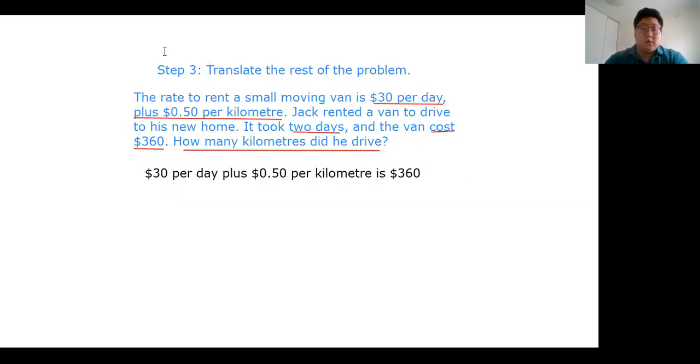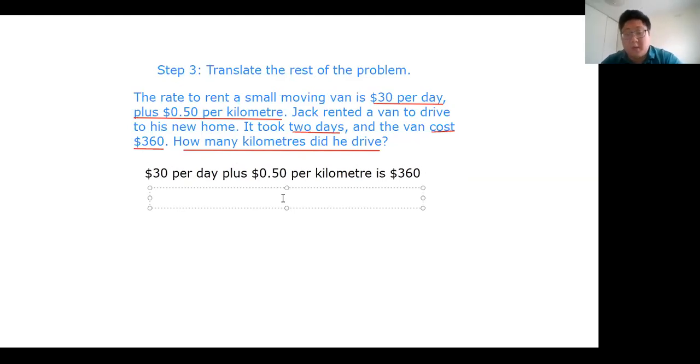So now we're going to compress that down further into an equation or an expression. So $30 per day. When you say per day, you are implying that you are multiplying.